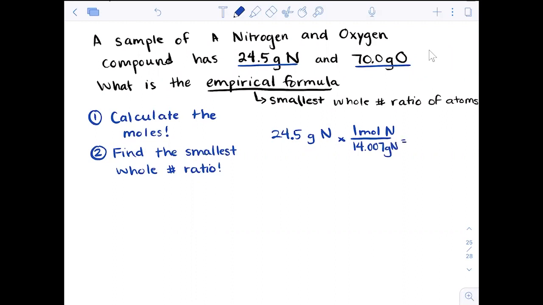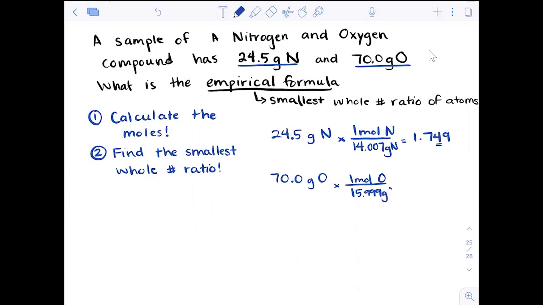So when we do that math, again, at the end of the day, we are going to be getting a whole number ratio. So sig figs don't really matter. Don't round too early. Yeah, I know there should be only 3 sig figs. I'll put a little note under there, but I'll carry out those sig figs a little bit so I don't have any rounding errors.